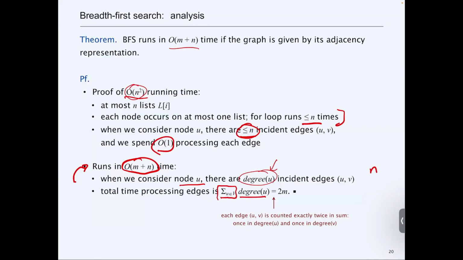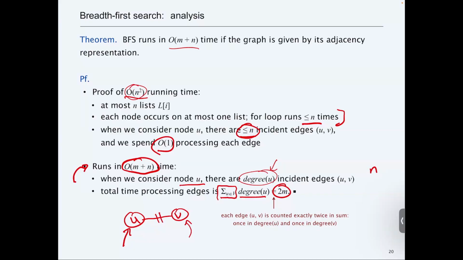And when you have an undirected graph, when you sum all these things up, you're going to end up with 2m. The reason you end up with 2m is because when you have a node U connected to a node V, you have to process this node, and when you process this node, you're going to process this edge. You're also going to process node V, and when you process the node V, you're going to process this edge.